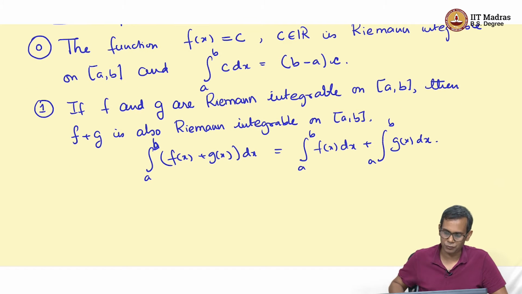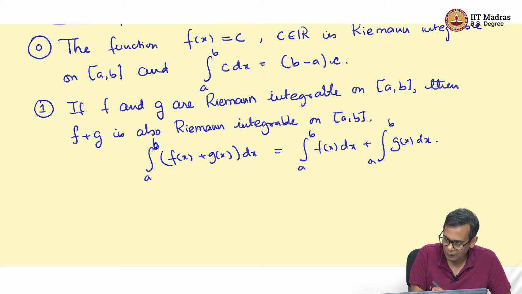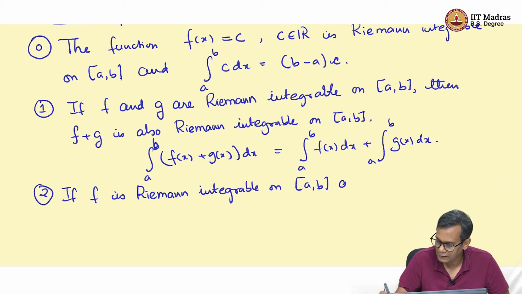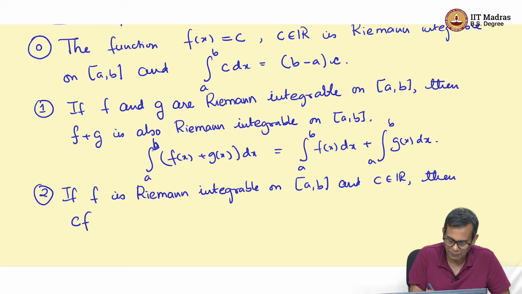So, we will give a proof, a mathematical proof. In the same spirit, if f is Riemann integrable on a b, and c is any constant, then the scaled function c times f is also Riemann integrable on a b.